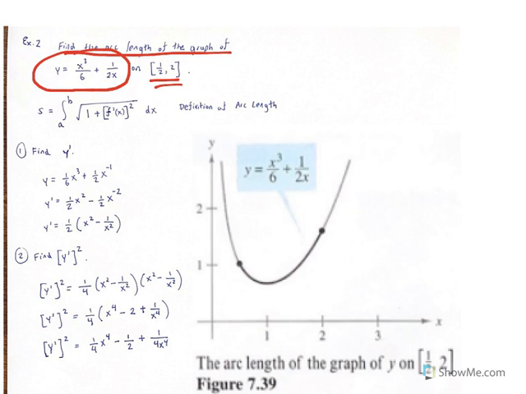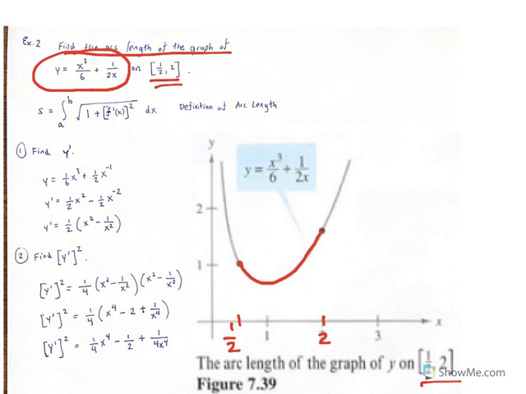And to help you see what the graph looks like, here's the figure from the textbook, the arc length of the graph of y on the interval from 1/2 to 2. So it's a little bit blurry, but you get the idea. This is the graph of the function, and here is the part for which we'd like to find arc length, from x is equal to 1/2 to x is equal to 2. So this is the arc length that we're looking for.